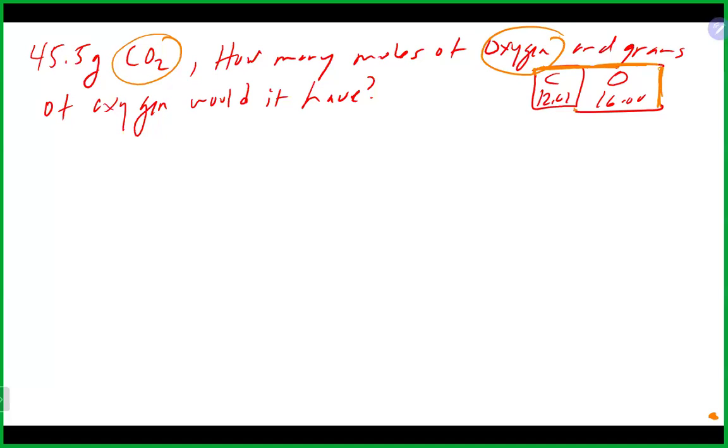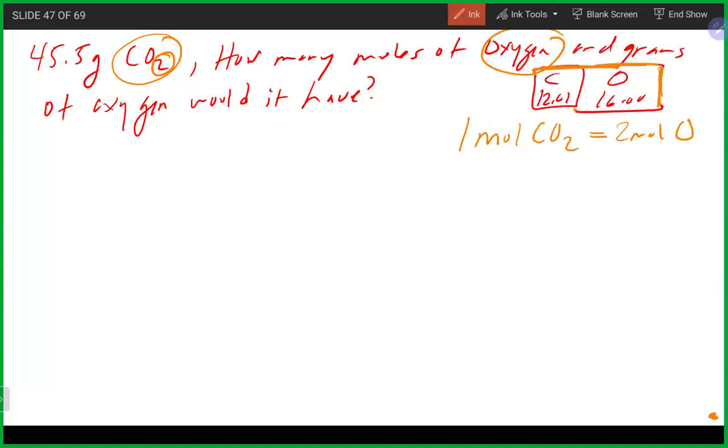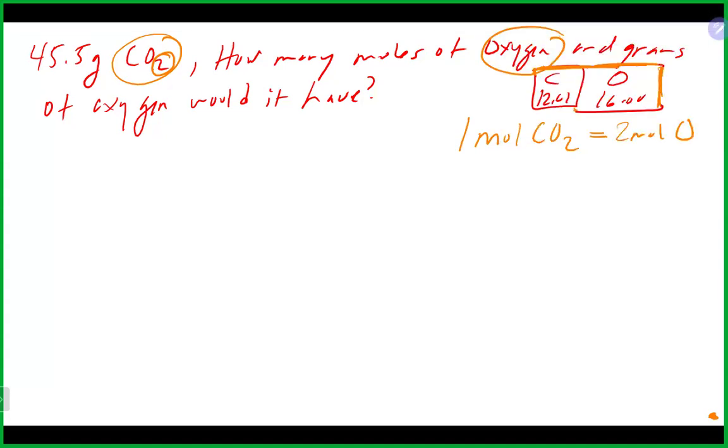So this is where we can use the formula to really figure out how much of just oxygen it is. And it's going to be a mole to mole sort of relationship. For 1 mole of CO2, we can see from the formula that there are that number on the bottom, 2 moles of oxygen, which is really what we need to use in this particular problem. You could also do it for carbon if you're interested in just the carbon, but in this case, we're just interested in oxygen. So you can just really focus on the oxygen.